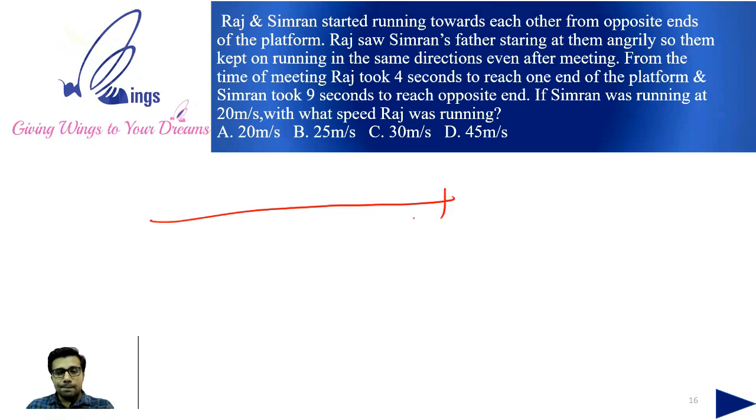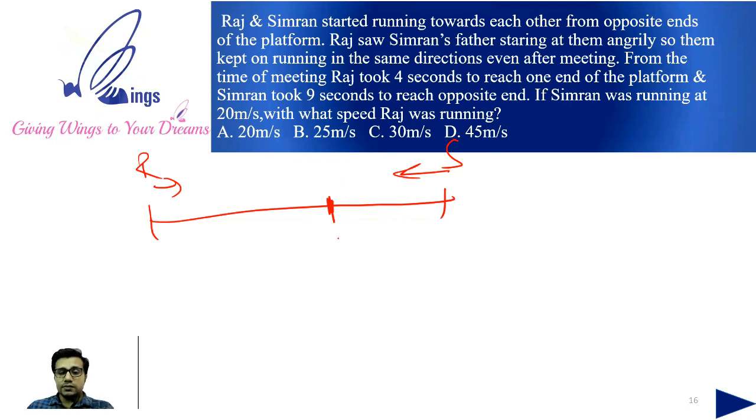Okay. They started from different directions, Raj and Simran. Somewhere in between, not exactly at the midpoint, they met. Why not exactly at the midpoint? Because Raj is faster than Simran. So obviously Raj will cover more distance and Simran will cover less distance. So somewhere here they are meeting.